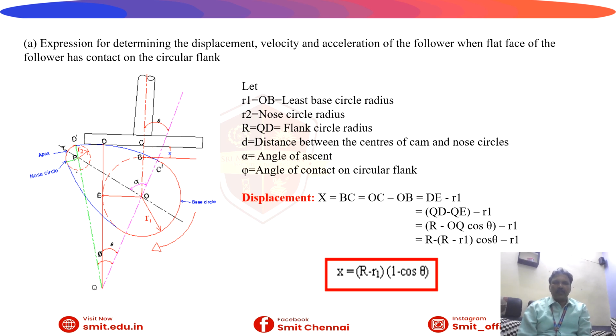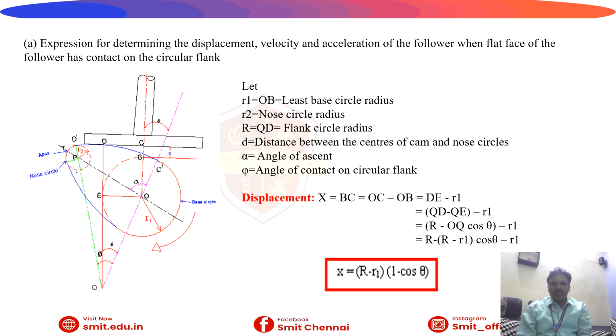Small d is the distance between the center of the cam and the nose circle, that is from point O to P.